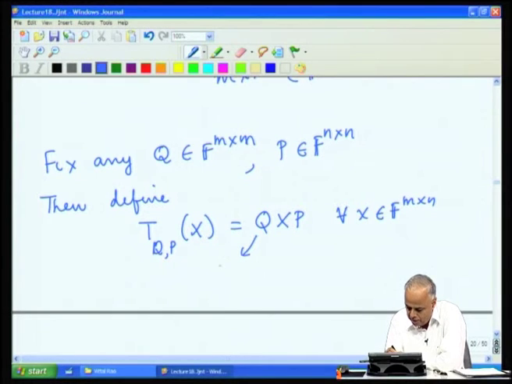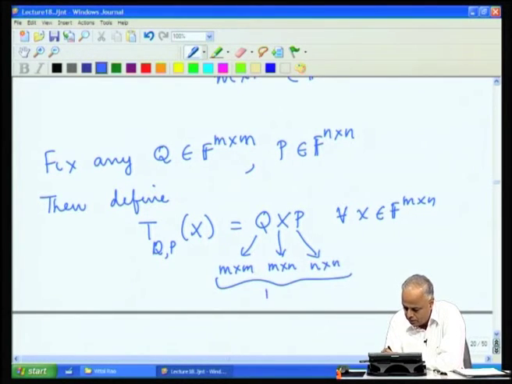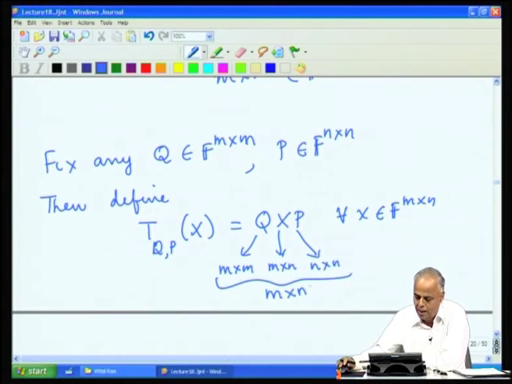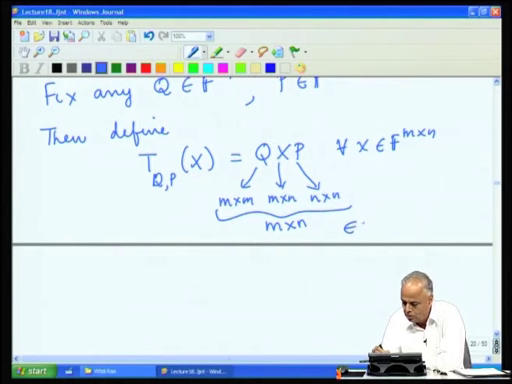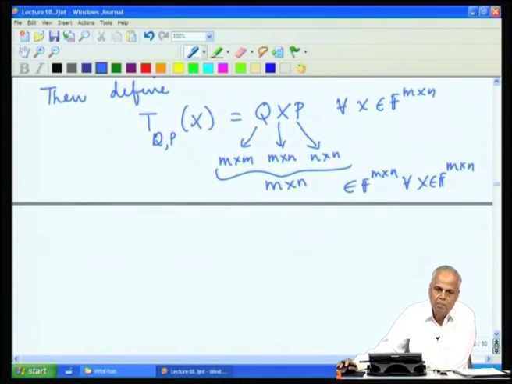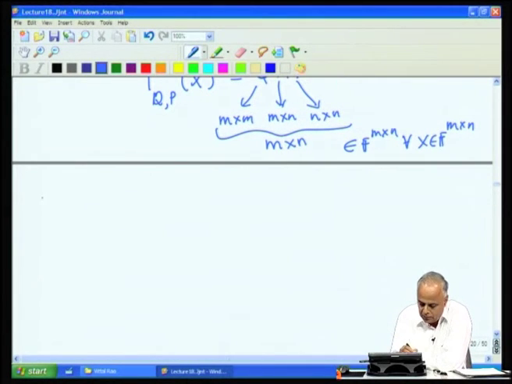Now, you see this is m by m, this is m by n, and this is n by n, and therefore, the product is going to be m by n, and therefore, it belongs to F m cross n. And therefore, it again takes m by n matrices to m by n matrices.